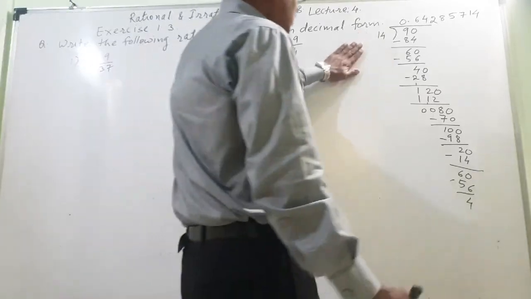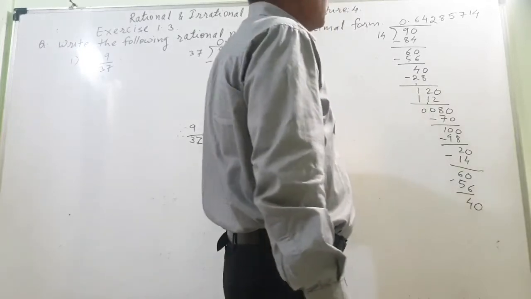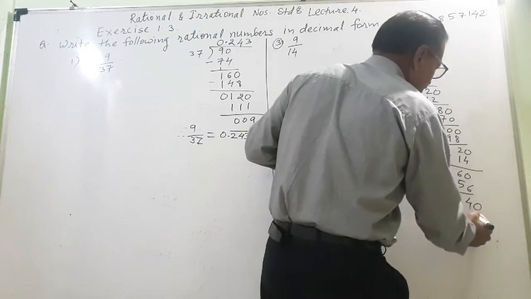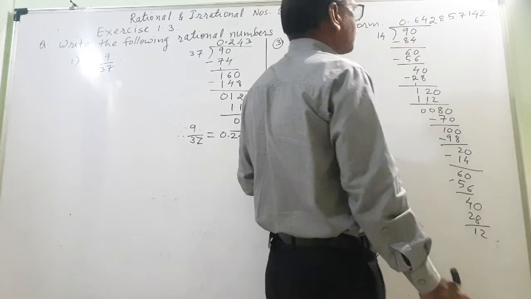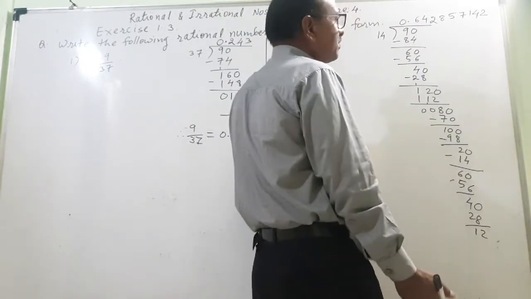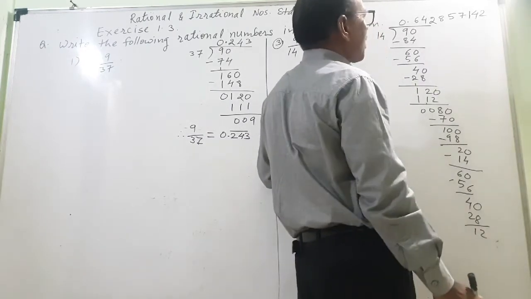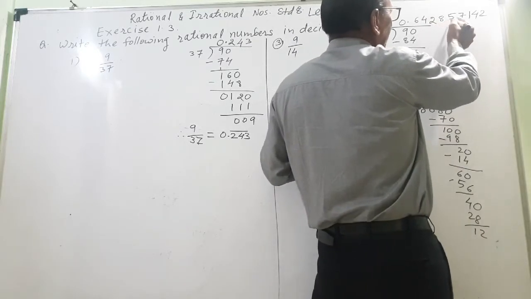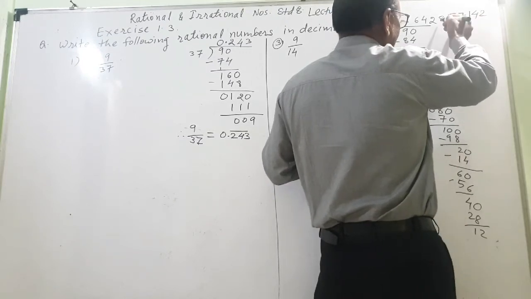So, here 0. 14 twos are 28. Remains 2 and 1. So, this much pattern is going to repeat. See from where? 4, 2, 8, 5, 7, 1, 4, 2.